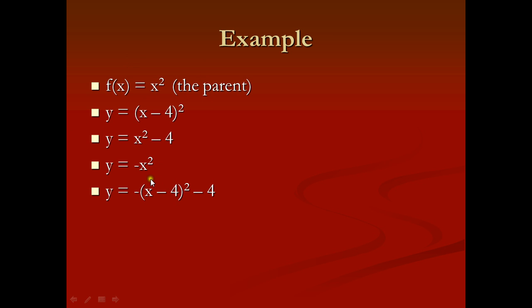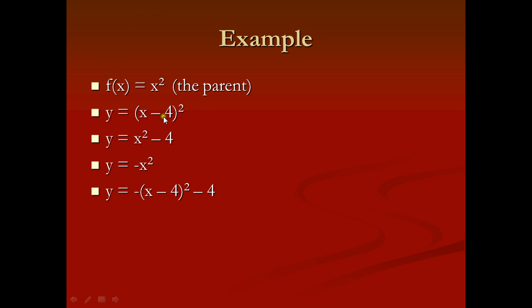And then we have these alterations to it, all following the stuff from the previous slide. So if you look, we're subtracting 4 from inside the parentheses. You might want to jot these down on a piece of paper so that when I switch over to the graphs of all these, you can kind of get our predictions down. You can follow along.